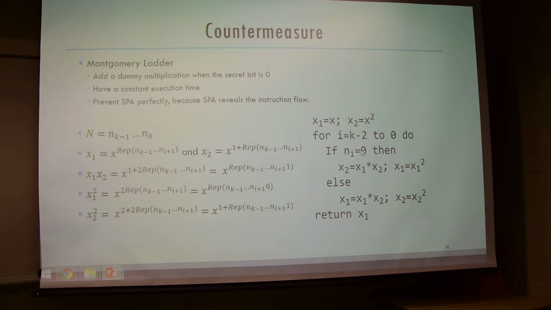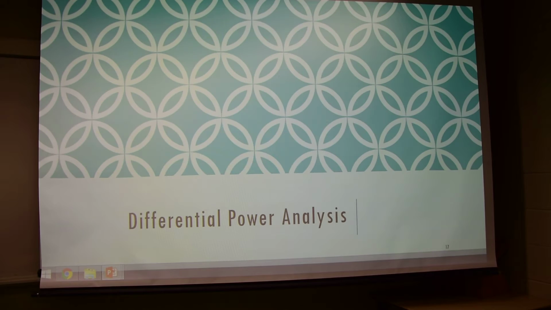And what if the key bit is 0? Then x1 is equal to x1 squared. Then you have this formula, which is equivalent to adding 0 here, right? That's why this Montgomery ladder keeps correctness for us.